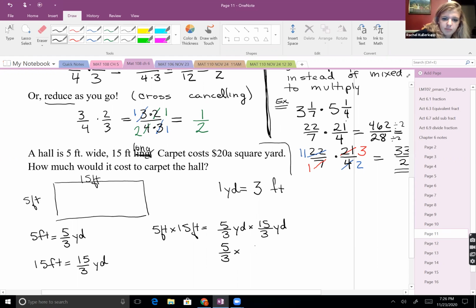Three over one. I agree with that the denominator is 1, but in order to get 1, we'd have to divide that 3 by 3. And so if I divide that numerator by 3, are you all right? Instead of 3 over 1, it would give me 5 over 1. And so that would give me 25 over 3 square yards.